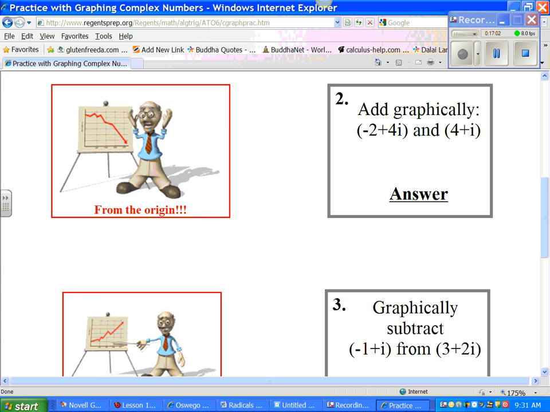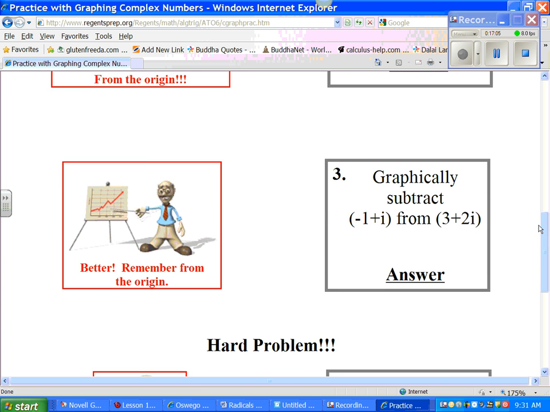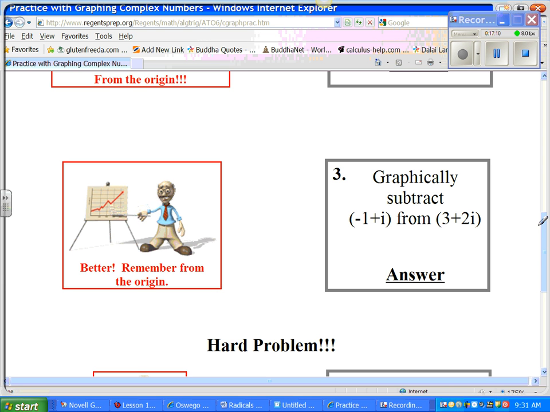Time for one more. I want you guys to do the subtraction. Now, remember, are you guys listening? When you do subtraction, before you graph the resultant, you have to do what? Yeah, so this says subtract from. What does from mean when you're dealing with subtraction? Yeah, this is your first one, minus. Okay, so your vectors are going to be 3 plus 2i plus 1 minus i.